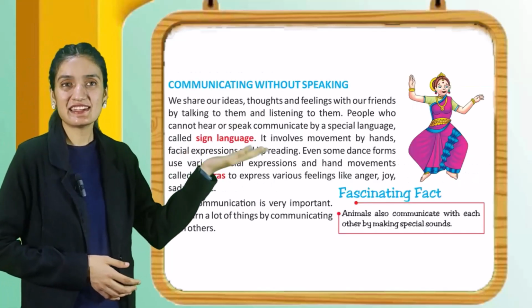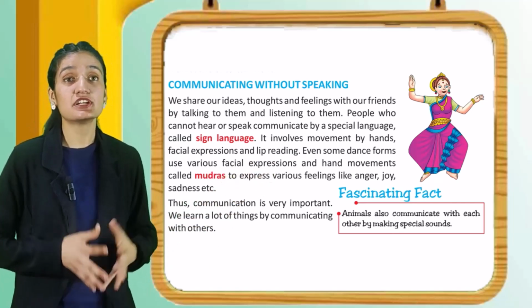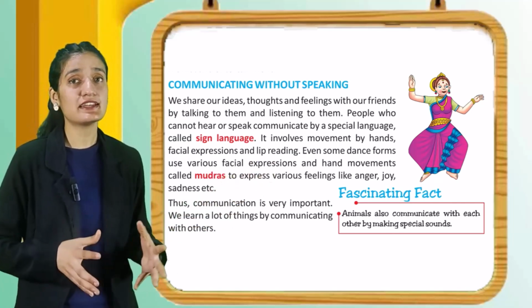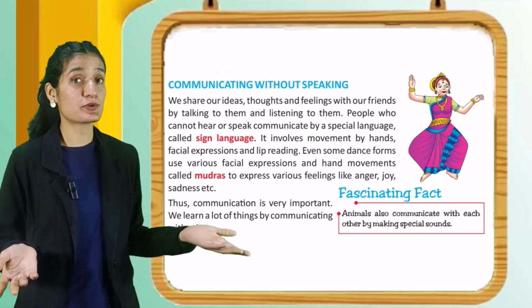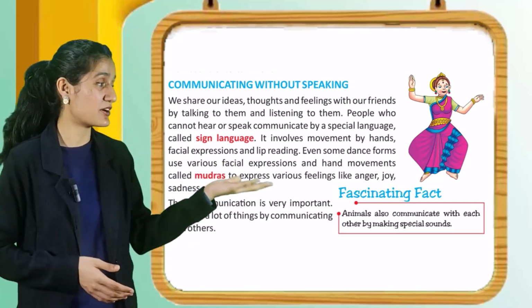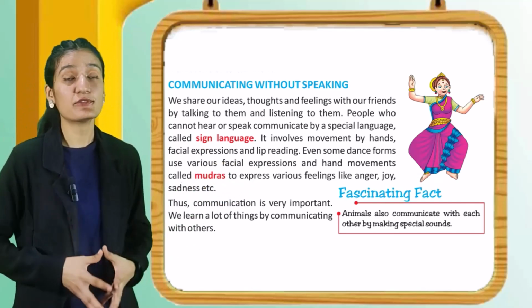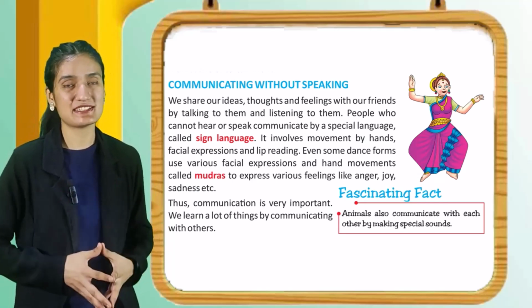Now, let's move on to communicating without speaking. We share our ideas, thoughts and feelings with our friends by talking to them and listening to them. People who cannot hear or speak communicate by a special language called sign language. It involves movement of hands, facial expressions and lip reading.